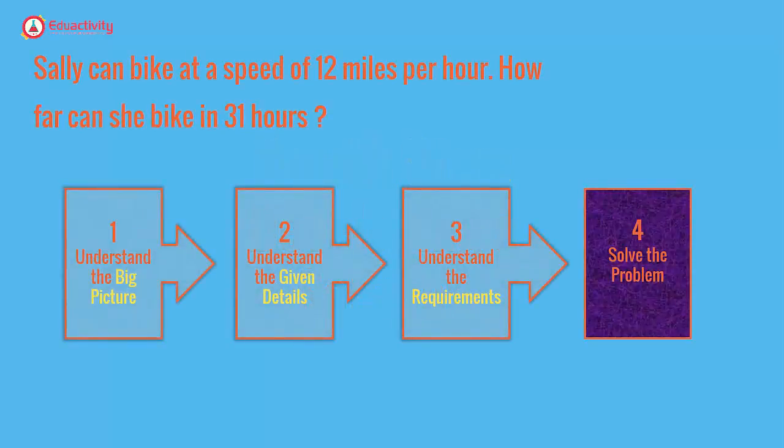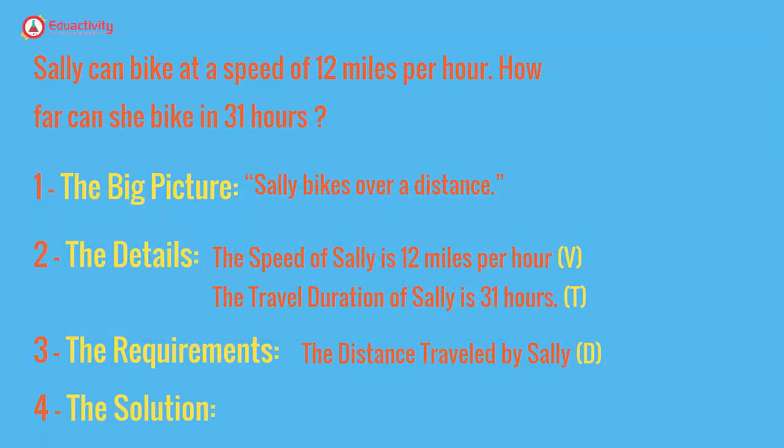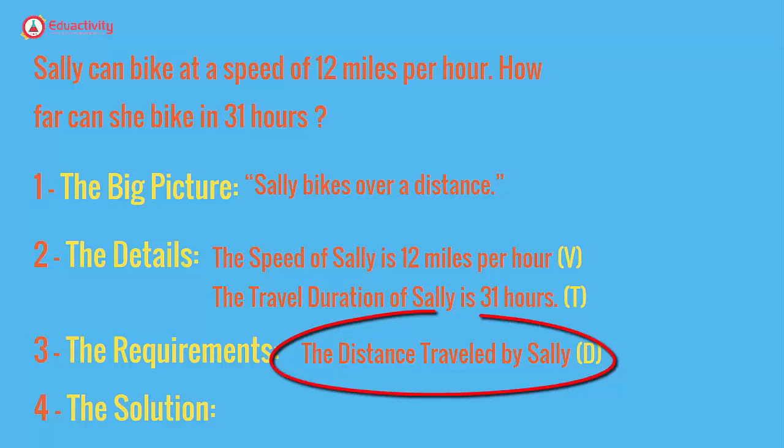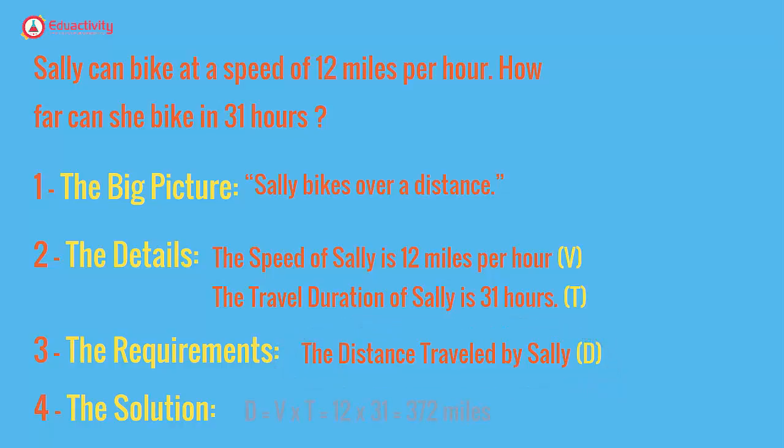Now, it's time to solve the problem. Solving the problem simply means calculating the value required by the problem. And since we already defined the requirement in the previous step, what's left to do is to develop an equation based on a known formula or logical relation. The proper formula here is the distance formula.